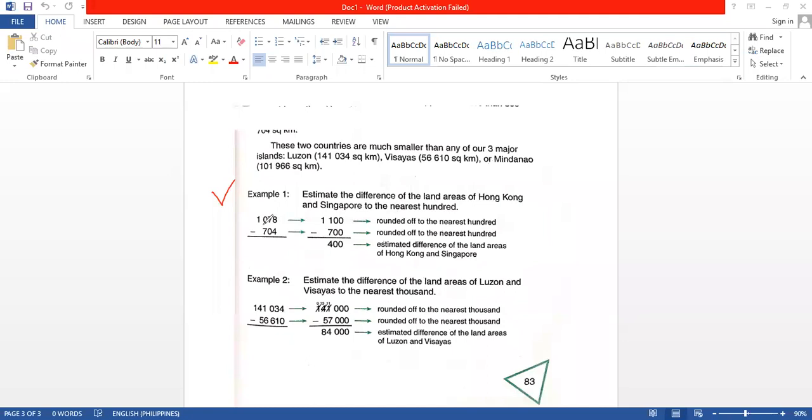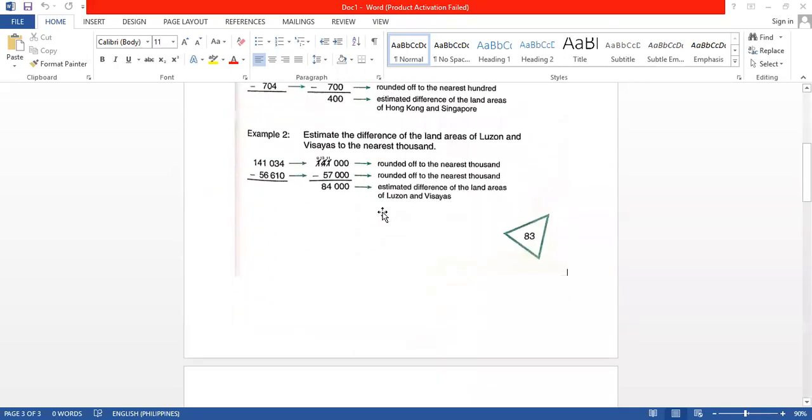So 1,0 becomes 1,100, since the next digit rounds the 1 up and the last two numbers become 0. Next, 704 to the nearest 100: the next digit is 0, so the number stays the same and becomes 700. So 1,100 minus 700 becomes 400.